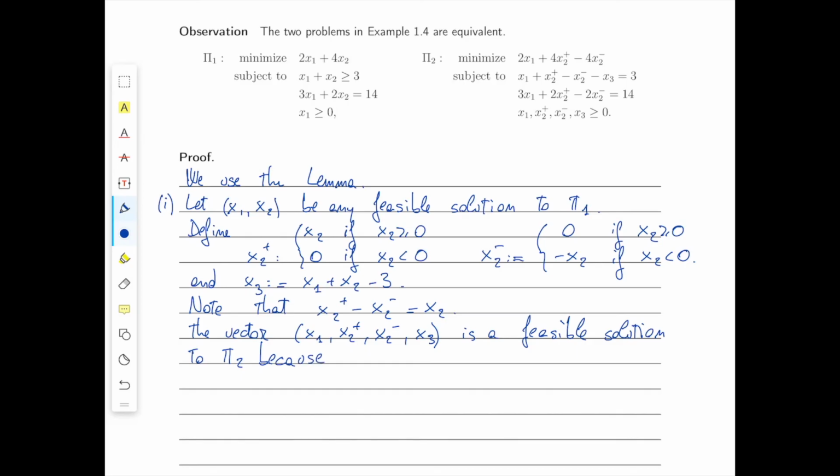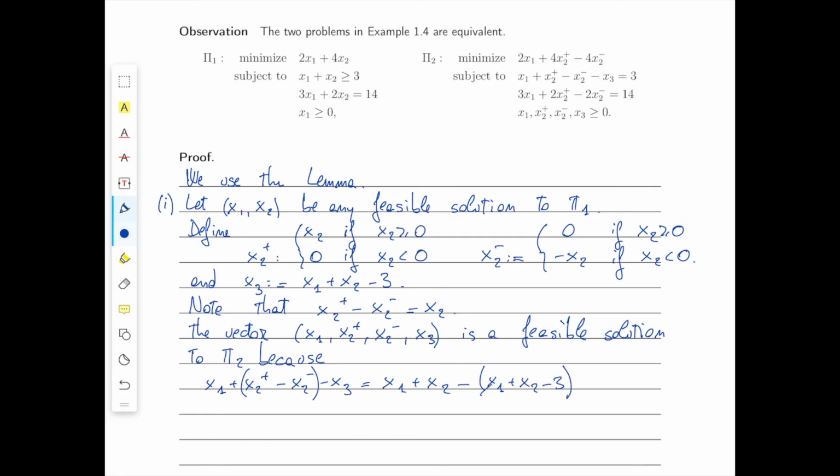so let's first start with, well, the first constraint of pi2. So we have x1 plus x2 plus minus x2 minus minus x3. So now we know that this is equal to x1 plus this difference, which is exactly x2. And then minus, we replace x3 with its definition, which is x1 plus x2 minus 3.